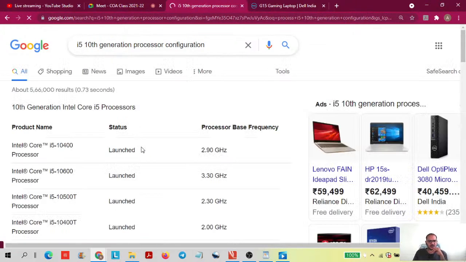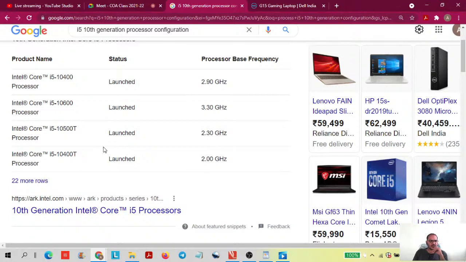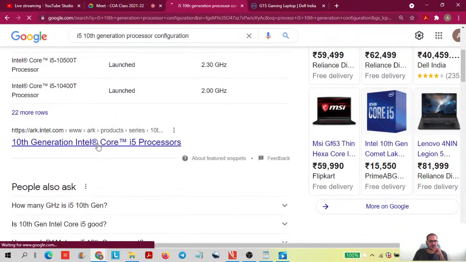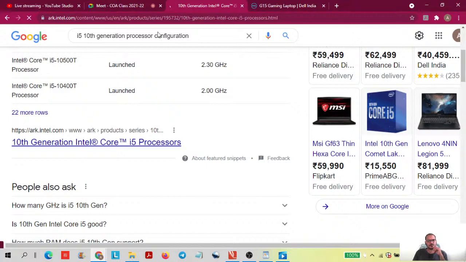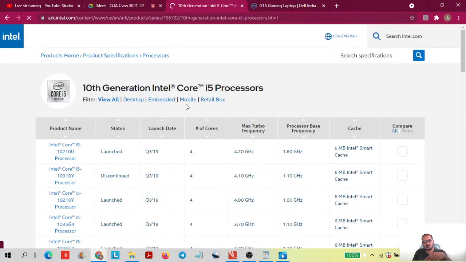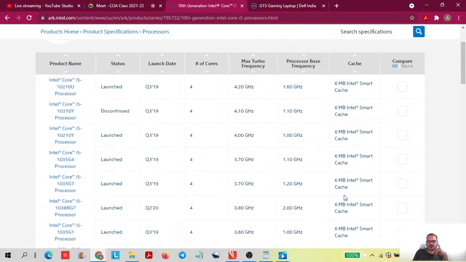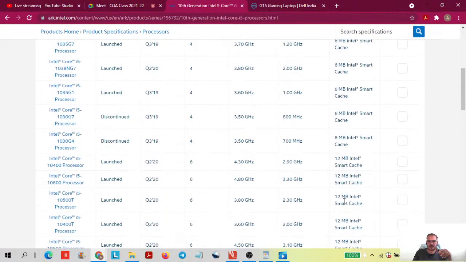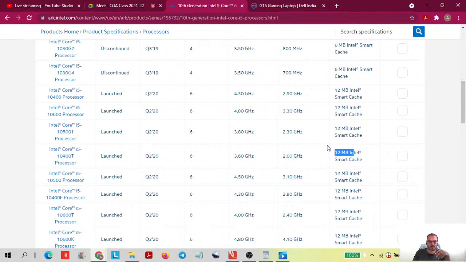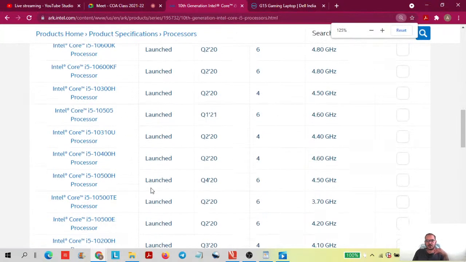Processor configuration. Here you can see the processor configuration. Cache memory 6 MB, here 8 MB, and here 12 MB, an i5 processor.